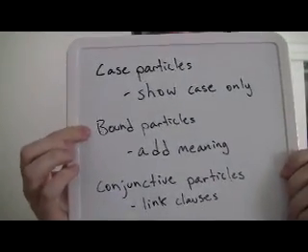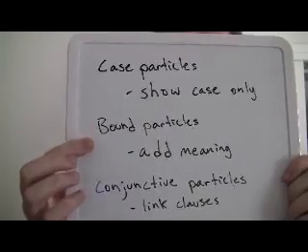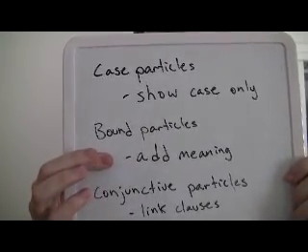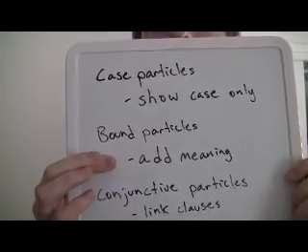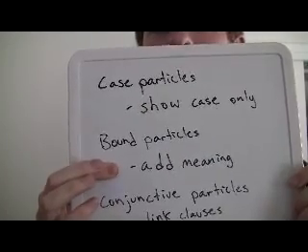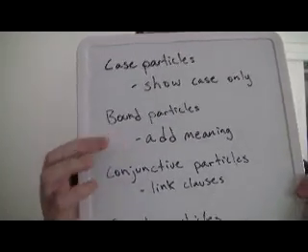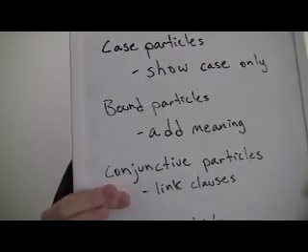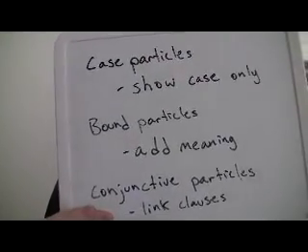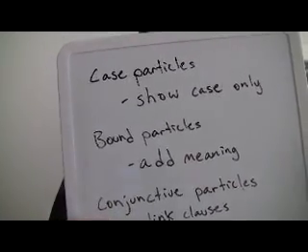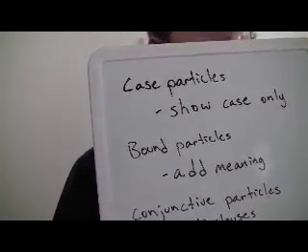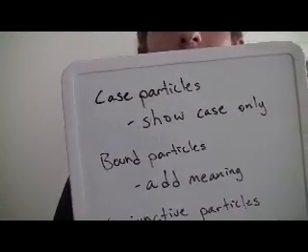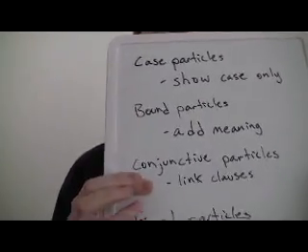Then you have bound particles, which add meaning to the sentence and to the word they're attached to, while also often marking its function in the sentence. Then you have conjunctive particles, which basically just link clauses, things like ba in modern Japanese, or keredomo.